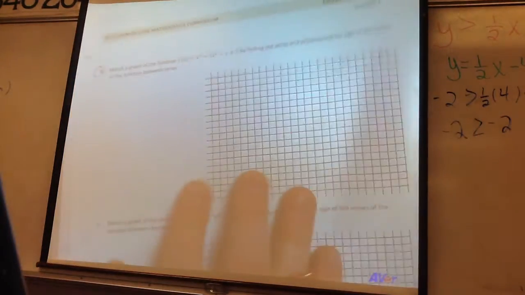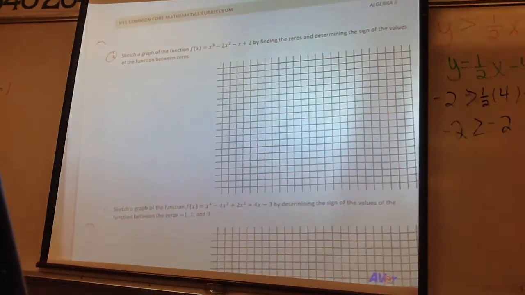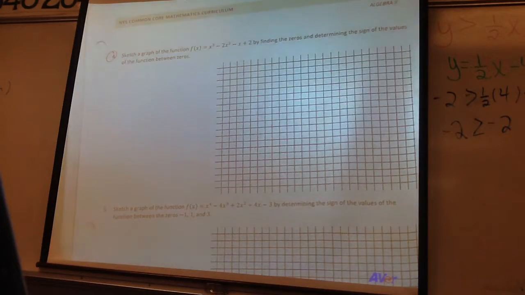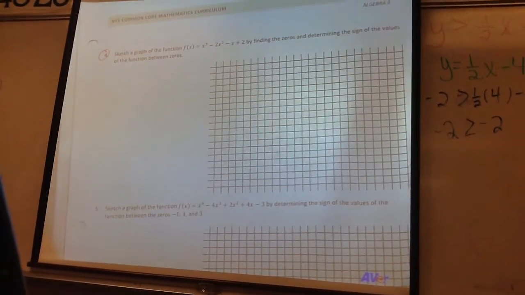Number 4. Look at number 4, though. What are you going to have to do? How are you going to find the zeros of that? Plug in a number. You got something? No? x equals 0. That'll give you the y-intercept.